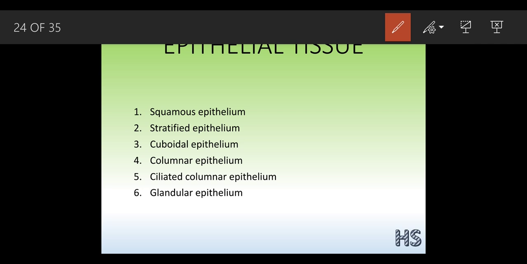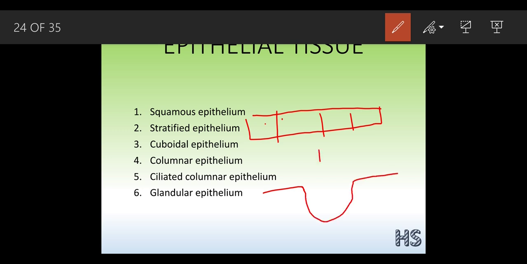Now glandular epithelium. How is the shape of this glandular epithelium? See, what I'm making right now is a squamous. Squamous means flat. When this squamous shape is folded like this, it becomes like this.